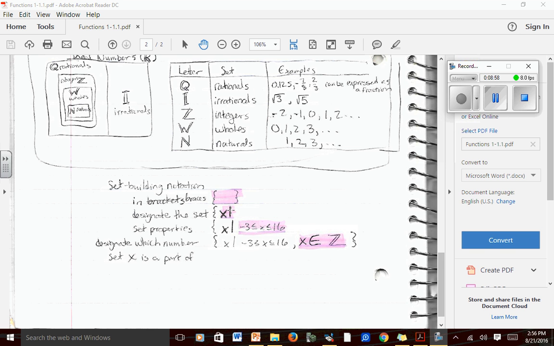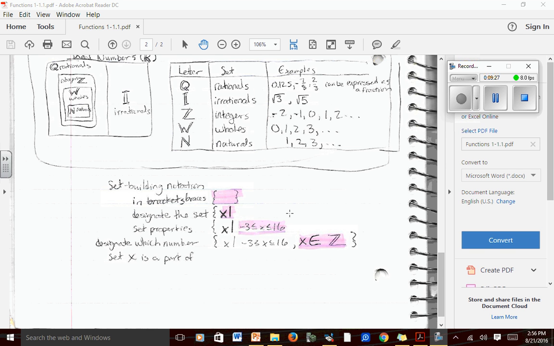The next thing that we do after that is we will write down the properties of this set, and x in this case is everything that is greater than or equal to -3, or less than or equal to 16. You can kind of imagine what that picture would look like. We've done it with number lines in the pre-test thing that you did, but then you can imagine maybe a graph where we're concerned about seeing those kinds of things.